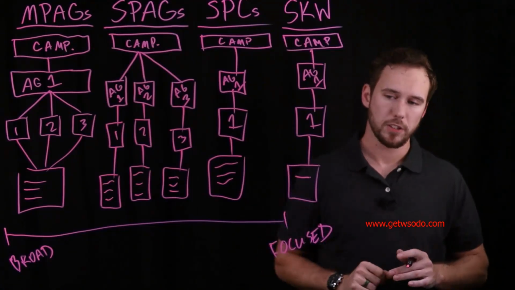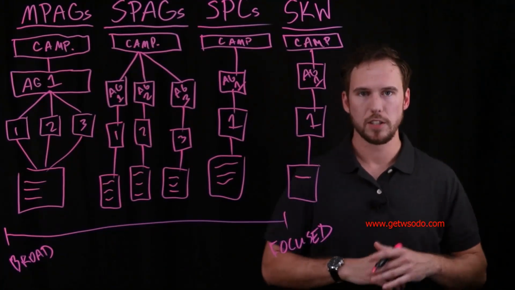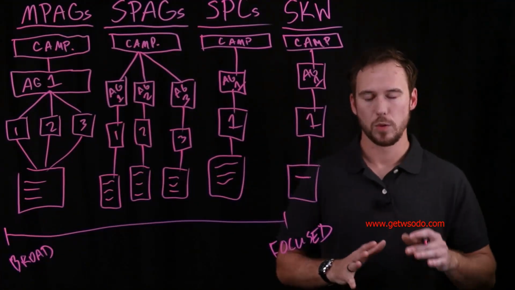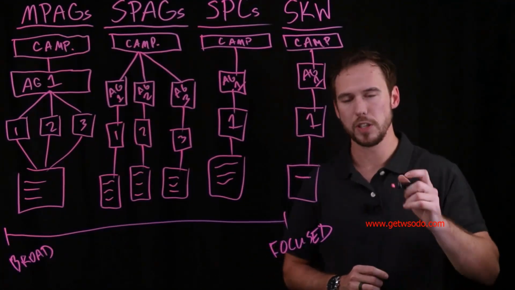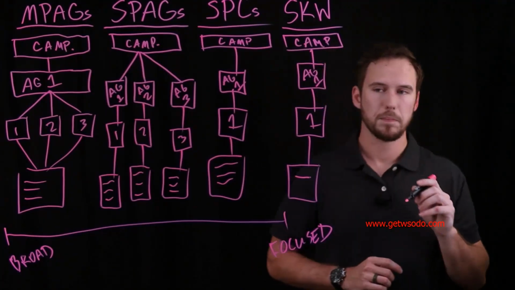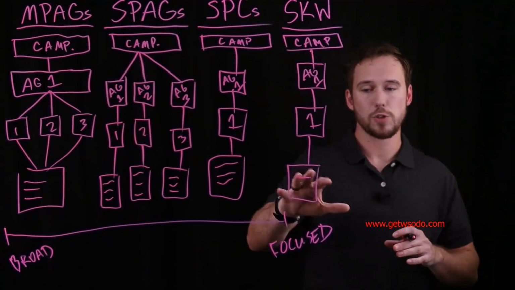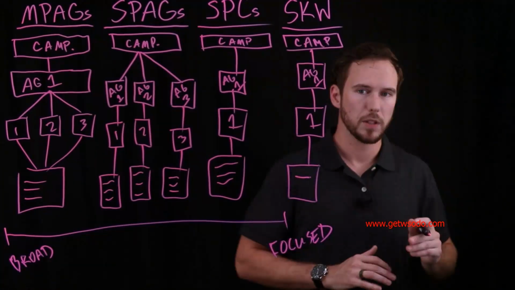So if there's a particular target that you want to grow sales on, you want to improve rank on, you can break it out into a single keyword campaign like this, where you have ultimate control. You can control the placements, you can control the budgets at the product level, you can control the bids for this specific product to keyword relationship.